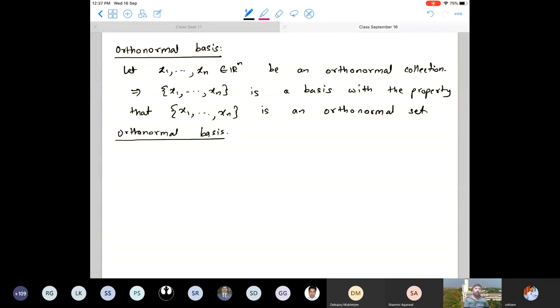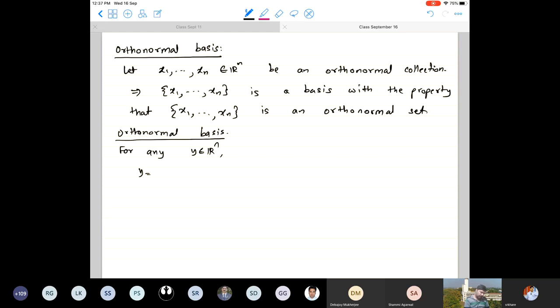Orthonormal basis is crucial because it enables us to write down every vector y in Rn very easily as a linear combination of these vectors x1, x2 up to xn. So I'll just write this for emphasis. For any vector y in Rn, how can you write down this vector y?